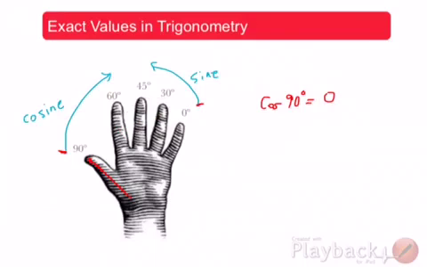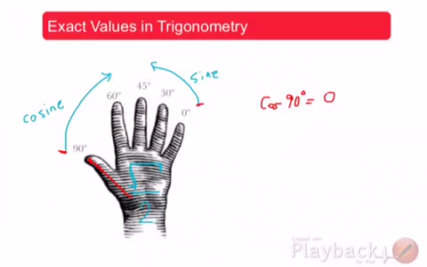And what I have to do every single time is put all my angles over 2, and then square root whatever I get as my answer, the number of fingers. So again, if I'm finding the sine of 90, I count from 0 all the way to that angle, and I end up with 1, 2, 3, 4 fingers.